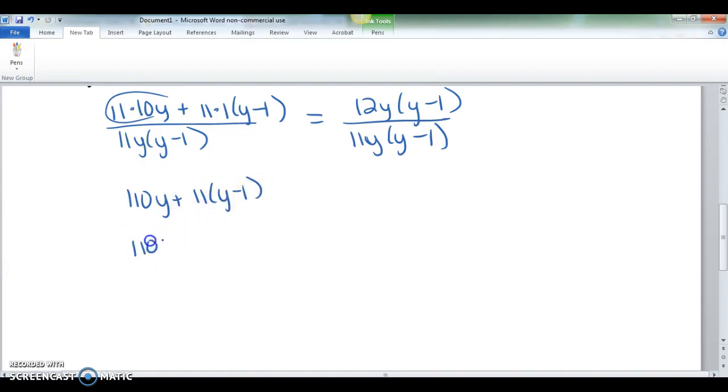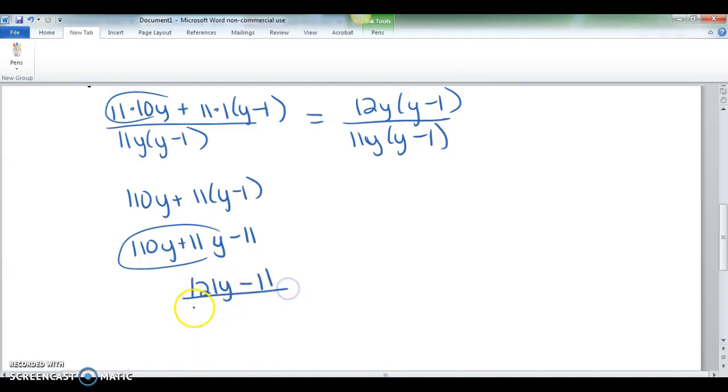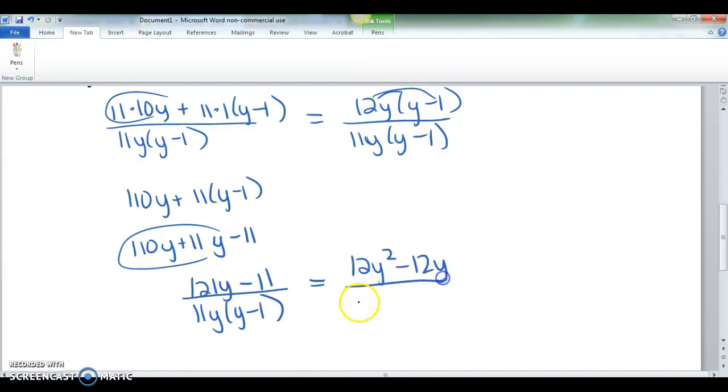So we have 110y plus 11y minus 11 when we distribute. When you combine these, 110 plus 11 would give us 121y minus 11 all over 11y(y minus 1) equals, when we distribute this, 12y squared minus 12y over 11y(y minus 1).